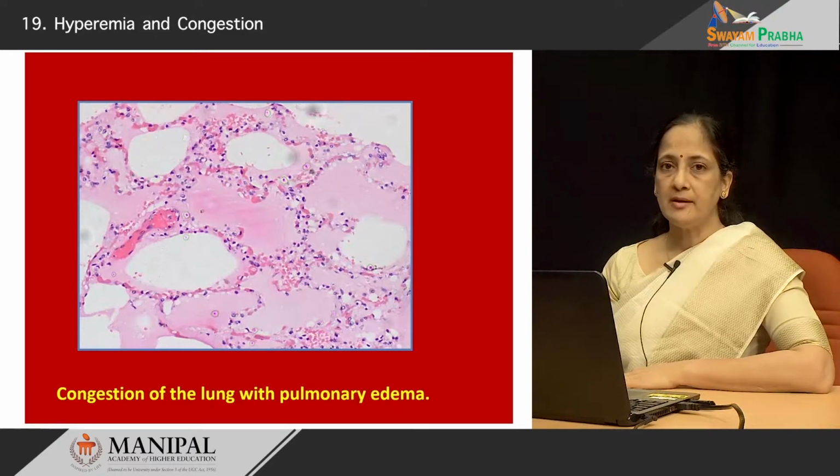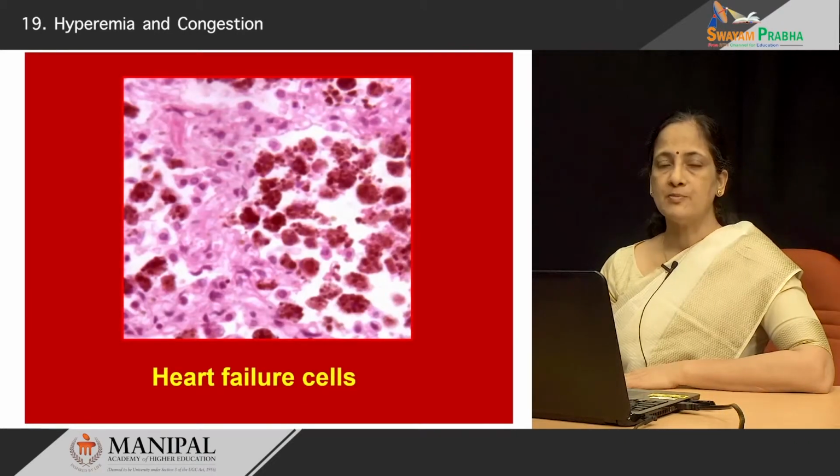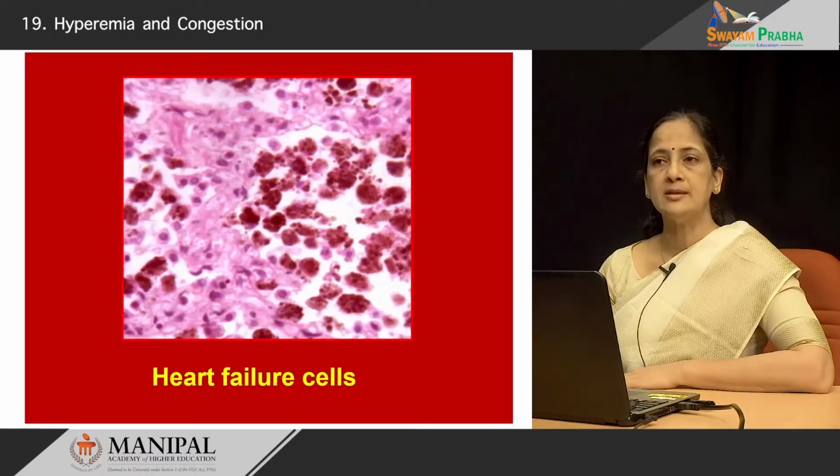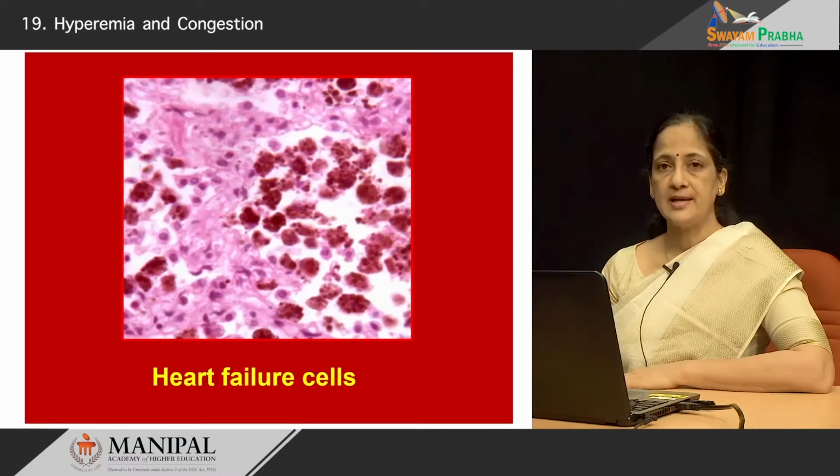As the pressure remains high in the venous radicals, micro ruptures occur and hemorrhage occurs, and that is broken down and phagocytosed by the alveolar macrophages. So, you will see an accumulation of pigment laden macrophages within the alveolar spaces. These are called heart failure cells.